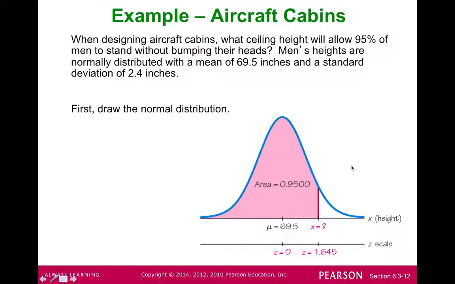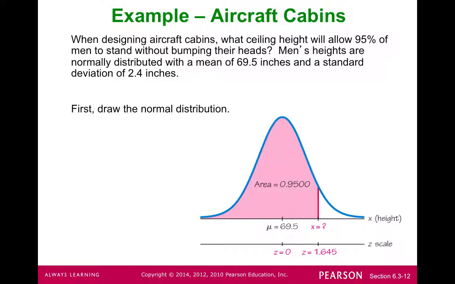Okay, so let's look at the numbers that were given in the problem. We're given a mean of 69.5 inches and a standard deviation of 2.4 inches. So we can tell right off the bat we're going to have to use our equation to do a conversion because our mean is not 0 and our standard deviation is not 1. Now, in the last problem, we were actually given a benchmark. We were told that our x was some height requirement for that tall women's club example.